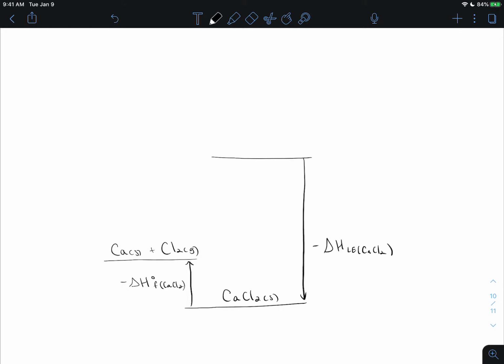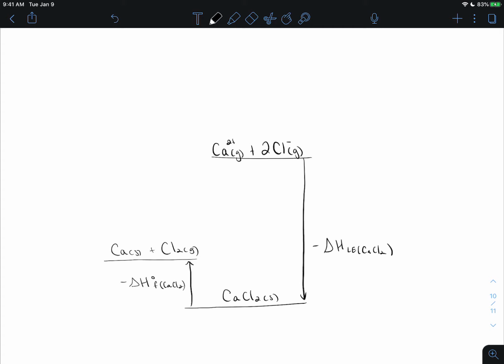So here we've got our 2 plus calcium in the gaseous state plus 2 chlorine anions in the gaseous state, and they're going to combine to produce our calcium chloride, which is going to be exothermic the way that it's written. So anytime we have an up arrow, it's endothermic, a down arrow is exothermic.